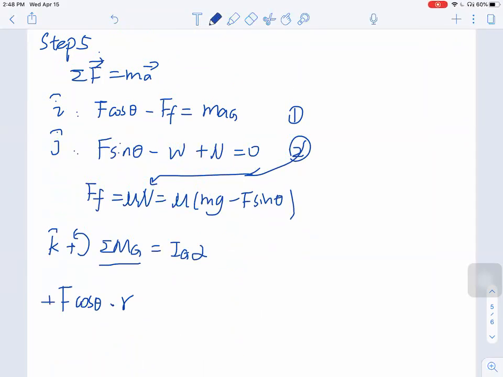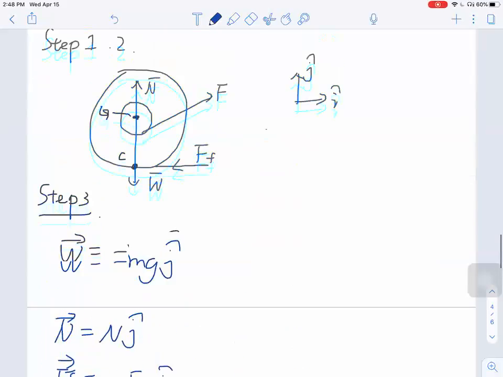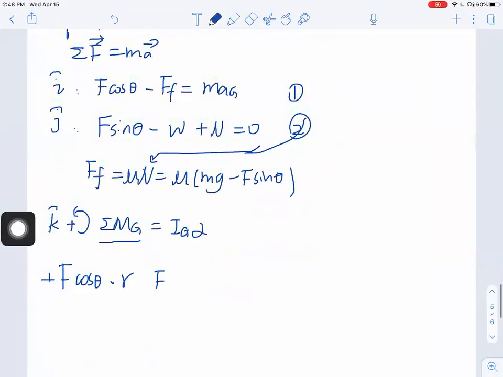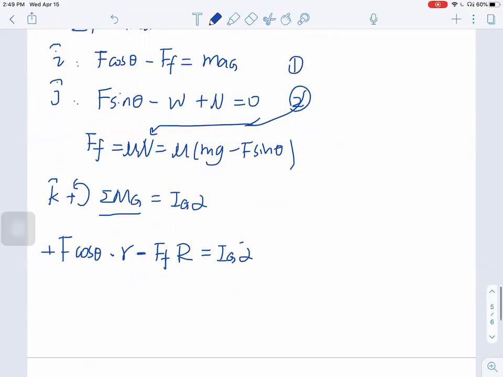Another force is the friction force. The friction force here, with point G here, is going to cause a clockwise rotation, so that is negative. So negative friction force times big R, and that will give you Ig alpha. So that's one more equation we can get.